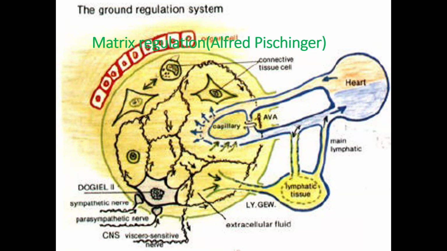And according to Pischinger, the matrix of the mesoderm, the area beneath the skin, actually is connected to the whole body, and that's why you do an acupuncture, for example, in the foot, and it will have an effect on your upper body, on your headaches, on whatever, because this area is just covering the whole body here.